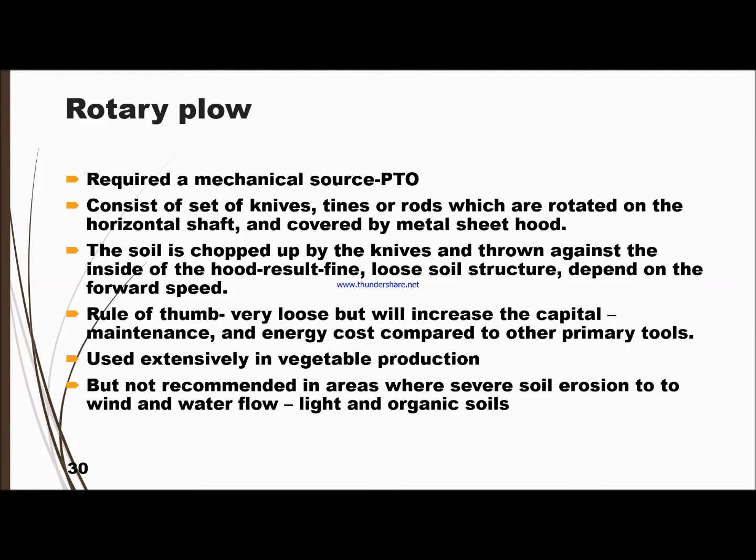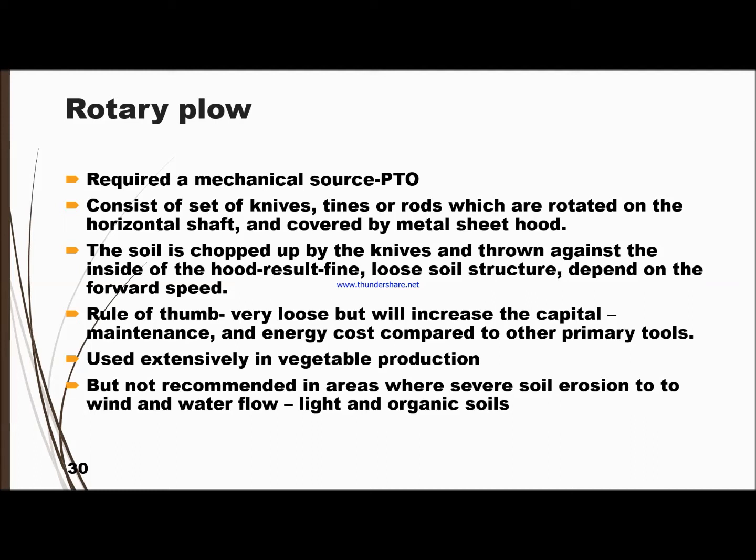The rotary plow consists of a set of knives, tines, or rods which are rotated on a horizontal shaft and covered by a metal sheet hood. The soil is chopped up by the knives and thrown against the inside of the hood, which as a result makes the soil fine and is capable of losing soil structure depending on the forward speed.